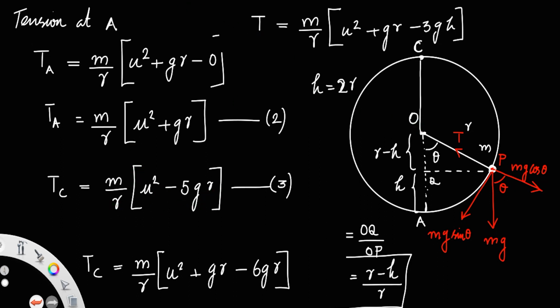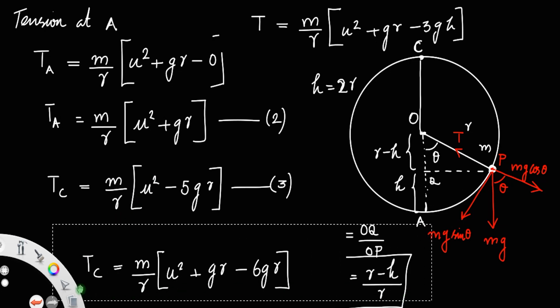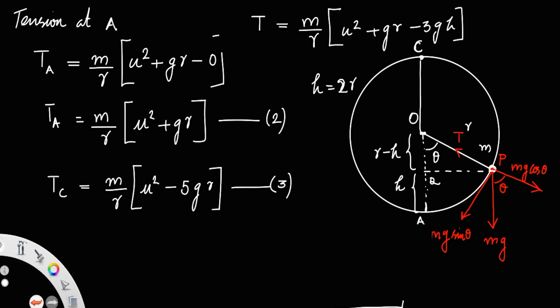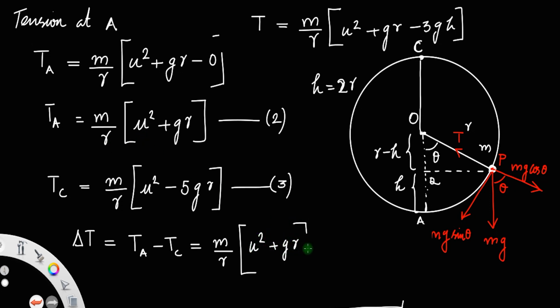Now, what is the difference in the tensions at these two extreme points? That means the difference of tension at the lowest and highest point. Let's call that the difference in tension delta T. We have TA minus Tc. This will be m by r times u square plus gr, minus m by r times u square minus 5gr.